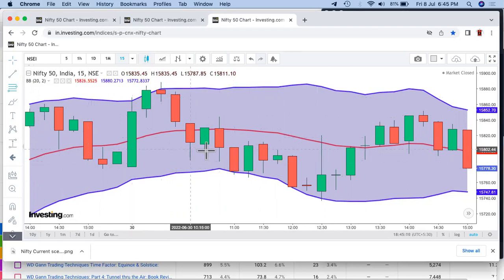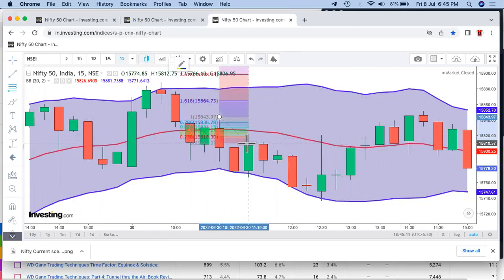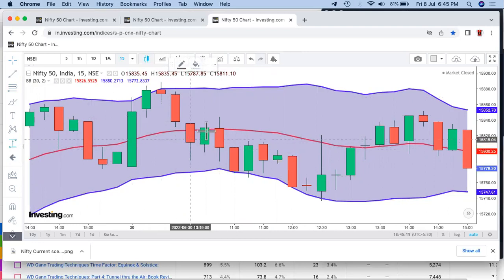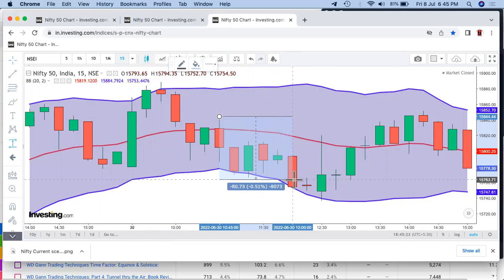Price at the top is just going to the bottom part.